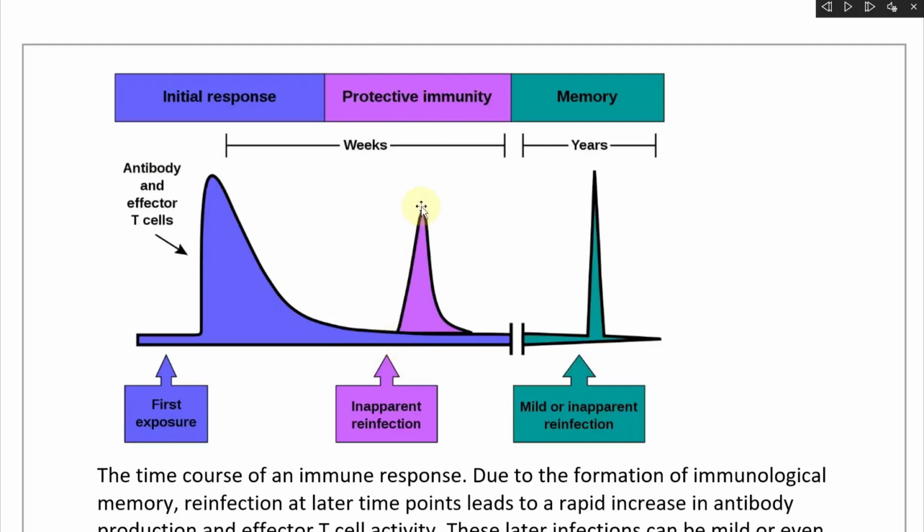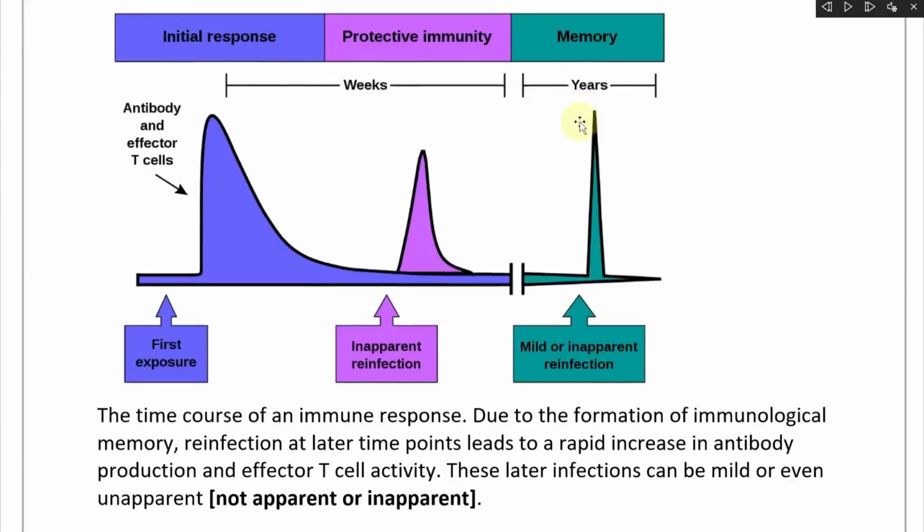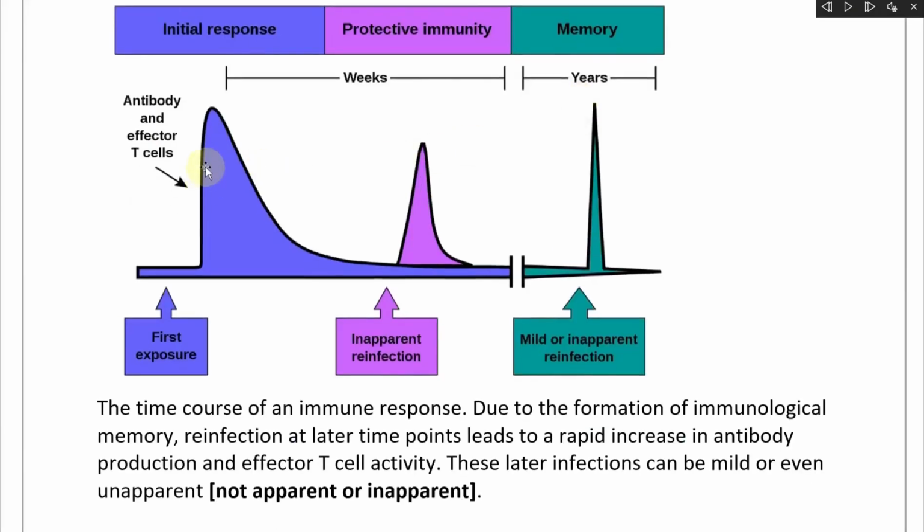So it goes up quickly. And then what happens here is, after years, you have the memory. So it's protective immunity. Then you have memory right here. You have mild or inapparent reinfection. And then there's a spike in the antibody and effector cell count. So very, very interesting. So it supposedly memorizes them.